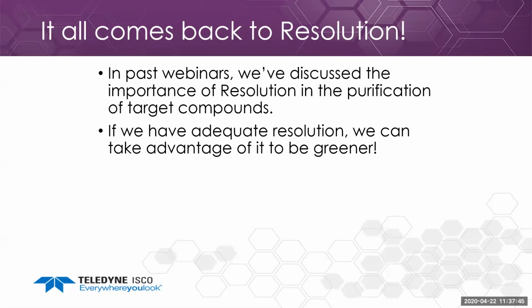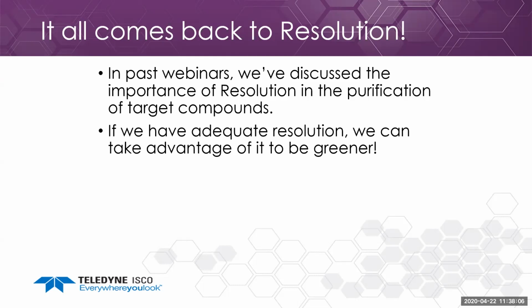If we have excess resolution, baseline separation, then one, we could maybe load more compound for that separation. Two, we could maybe scale down to a smaller column for that same separation if you don't have more compound to purify.